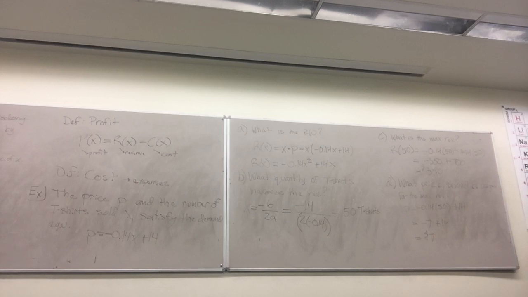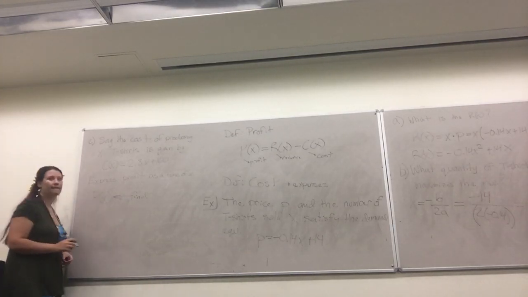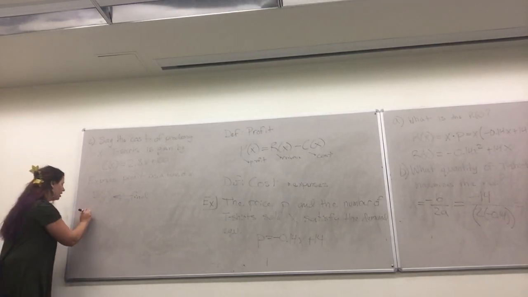So, how do we find P of X? Profit. Revenue minus cost.